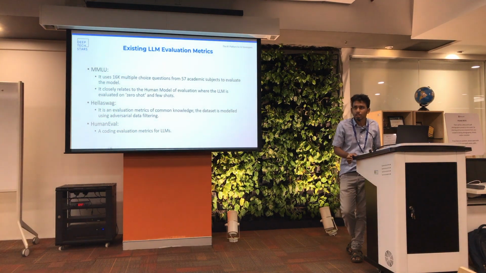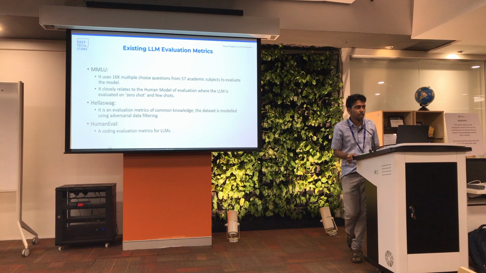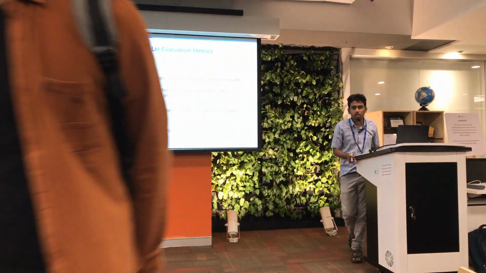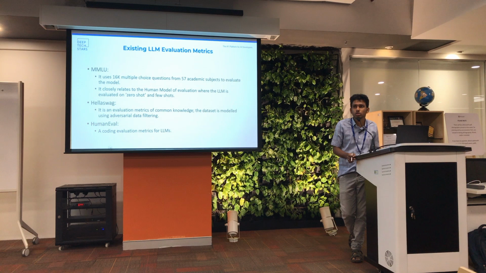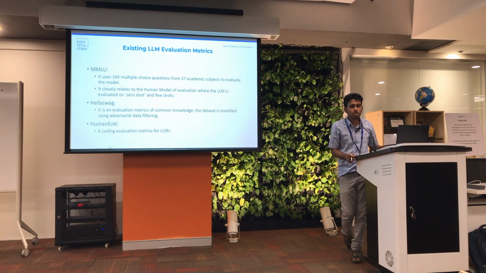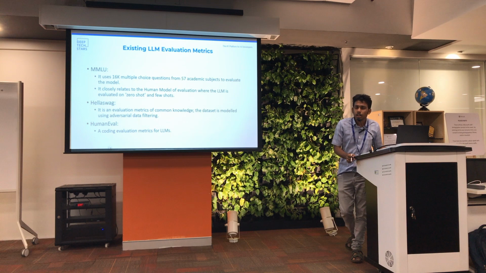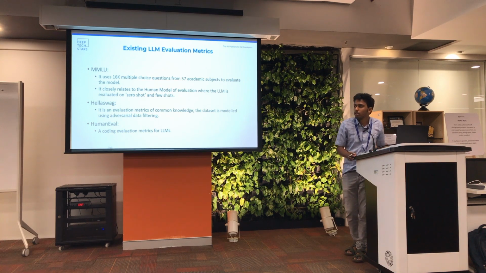And in few shot, let's say we are taking five or six queries, and we give it a process. Like, let's say if you want to know something about space, we'll first give it some context, give it some information, and then we ask a question. That's the two ways of evaluation that we have.